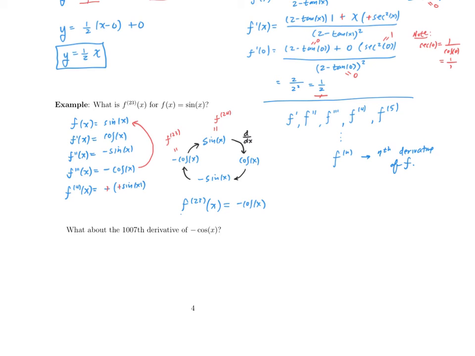And I'll have a student write out each and every one of those derivatives all the way up to the 17th derivative, which certainly works, but it's also not all that efficient time-wise when we can think about it this way. So I think 1007 is large enough that you're not going to write them all out. So using the idea above, pause the video, see if you can determine what is the 1007th derivative of minus cosine.